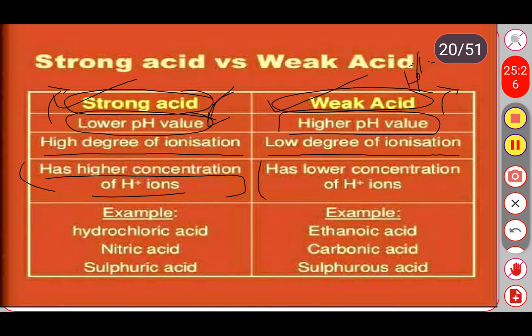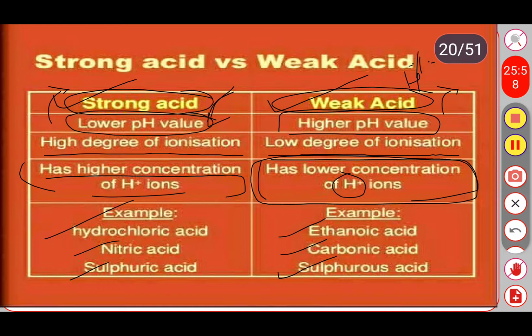In weak acids, the acidic solution partially dissolves or dissociates in water, so it releases very few H plus ions. It means it has a lower concentration of H plus ions. Examples of strong acids are hydrochloric acid, nitric acid and sulfuric acid. Examples of weak acids are ethanoic acid, carbonic acid and sulfurous acid.